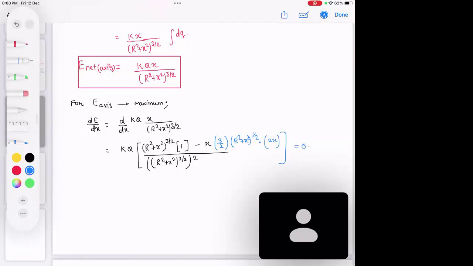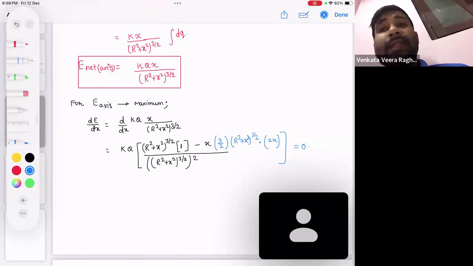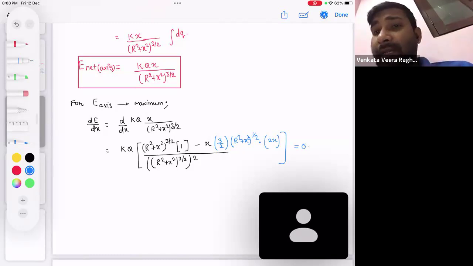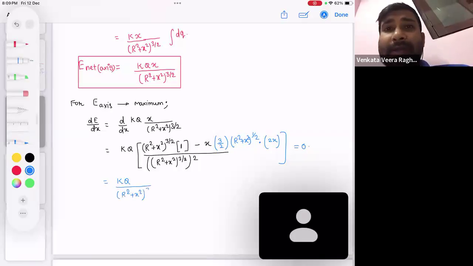And to get the maximum, the differentiation should be equal to 0. So now just check it. Almost everything is outside, isn't it? (r square plus x square) to the power cube outside. Here also you can take something common from the numerator.